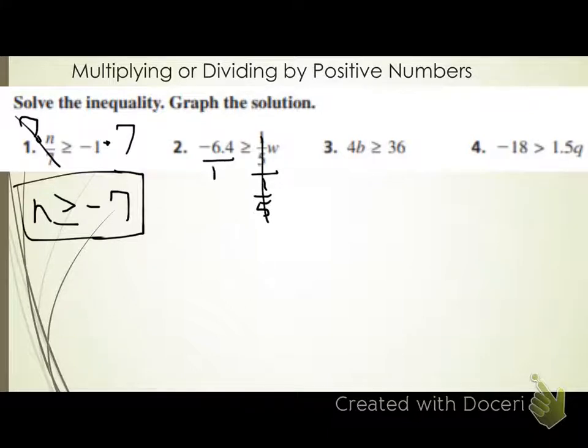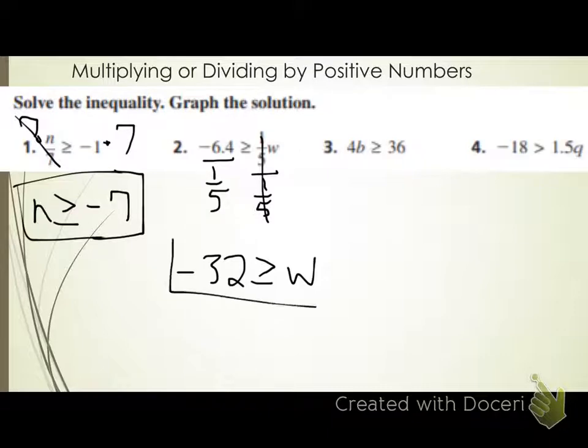So I've got negative 6.4 divided by 1/5. What does that give me? Negative 32. I've got w on the right hand side. Does my inequality symbol flip or stay the same? Stays the same. There's my solution. Questions on 2?